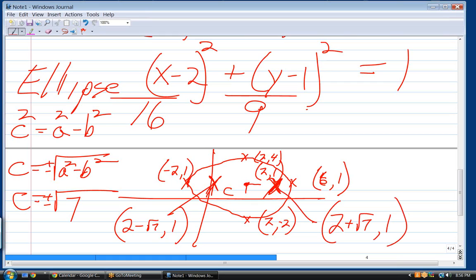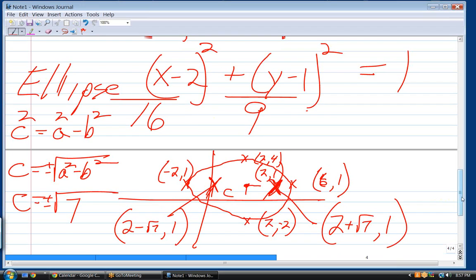We basically have 7 key points on an ellipse. There's the 2 major vertices, there's the 2 minor vertices, there's the center, and there's the 2 foci. So those 7 points you want to be able to locate given the equation of an ellipse. Got it.